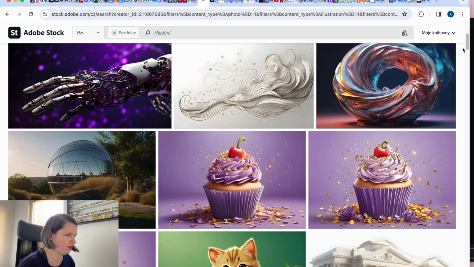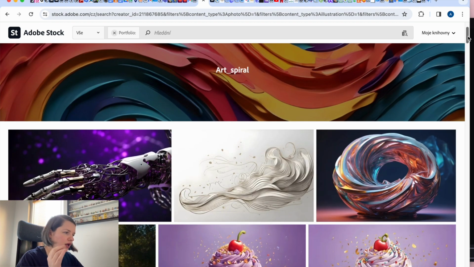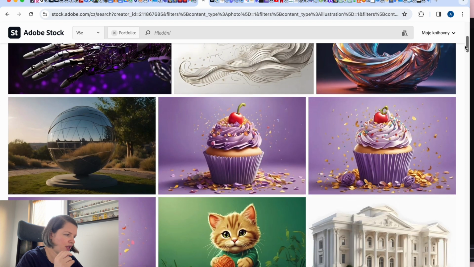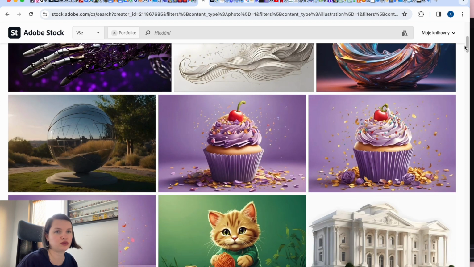But I really recommend Midjourney, because I wouldn't create too many illustration-like images. I don't think that the illustrations are selling as well as the photorealistic images. They do sell, but it will not be super big, in my opinion, or according to my experience.